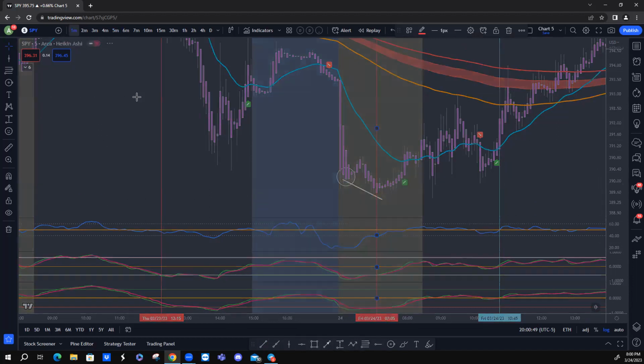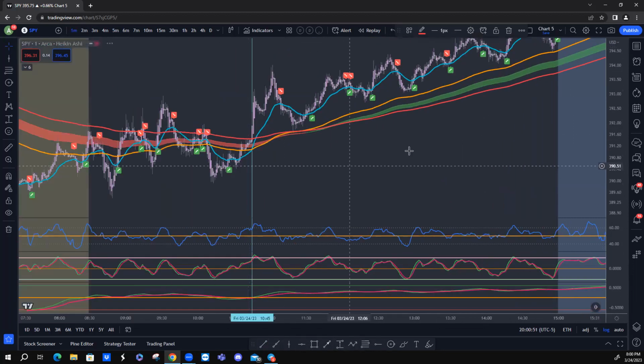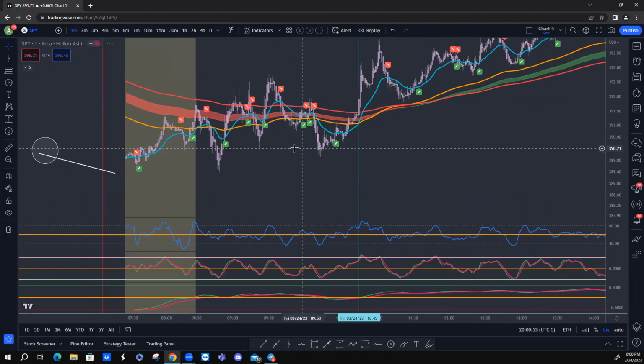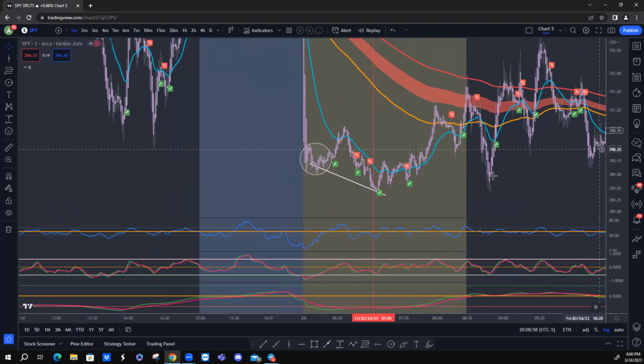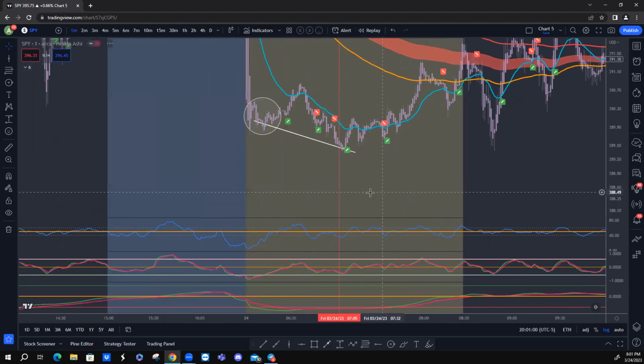So if you drop down to the 1 minute time frame, let's see, where was it? Yeah, right in here. You get a better entry at the 1 minute because we were at that line right here.